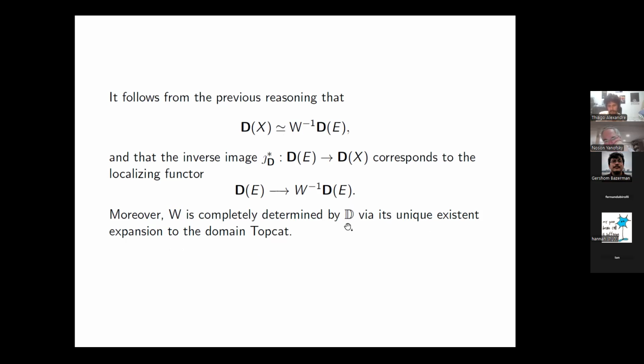This little d here is the categorical restriction of the bold D here, right?